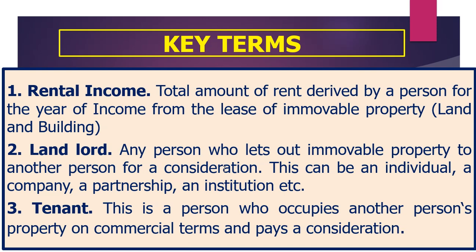We are going now to look at the computation of rental income. Now that we have understood these key terms, first of all, there must be an asset. Two, this asset is given out at a consideration.